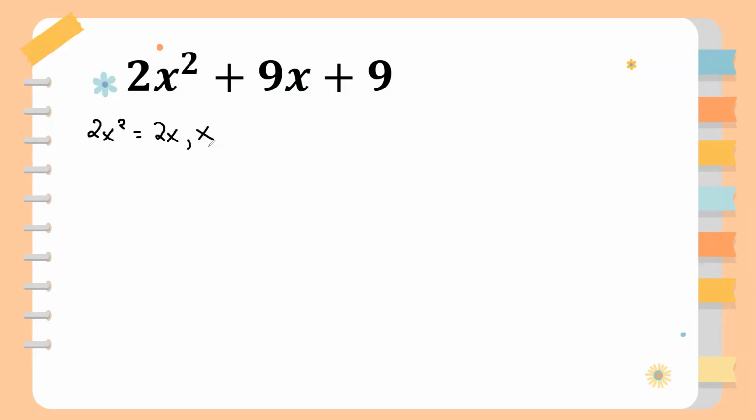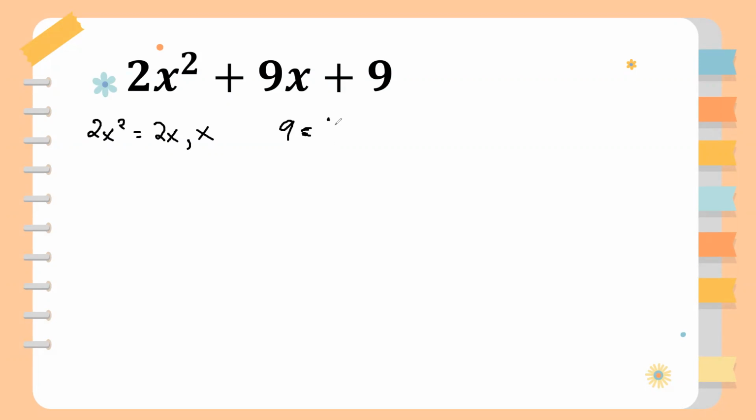And then after you get the factors of the first term, ito namang last term natin, we have 9. So meron tayong several factors of 9. Ang gagawin nyo lang, mag-iisip kayo ng dalawang numbers na kapag minultiply nyo, ang sagot is itong 9 or itong nasa last term natin. So ilista natin lahat.